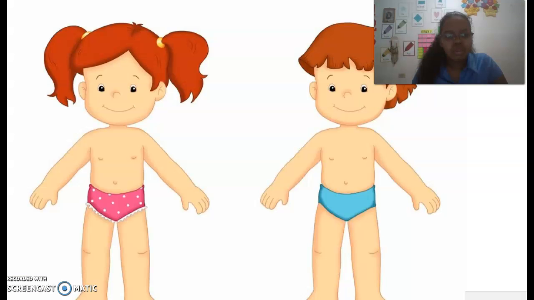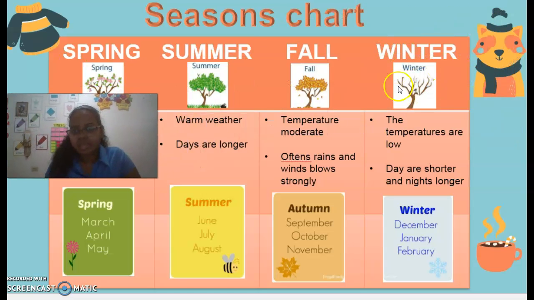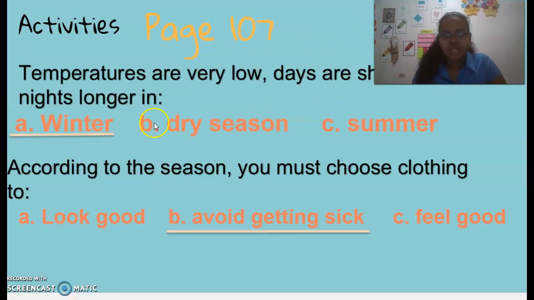If you don't remember, go and watch the table again. Remember that winter is the time when temperatures are low and the days are shorter and nights are longer. So now that you have the correct answer, you're going to underline the word winter.